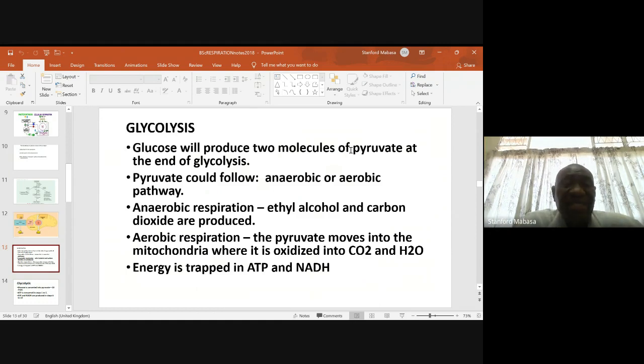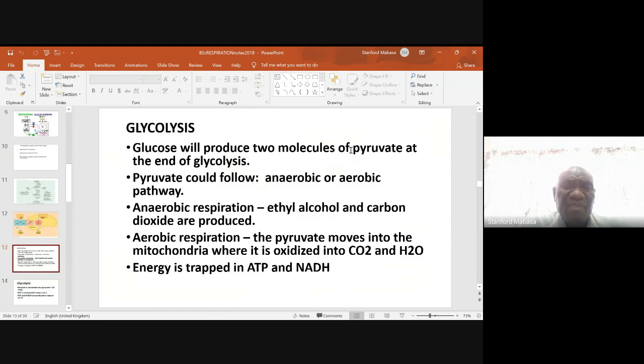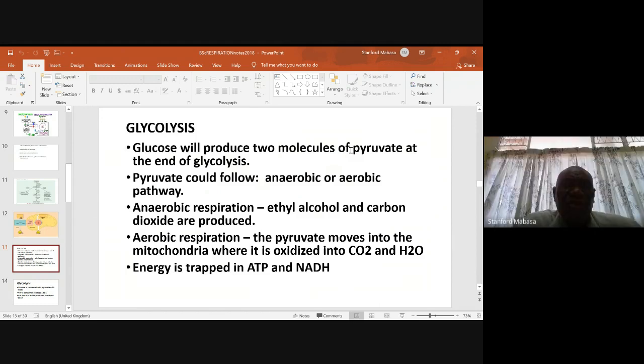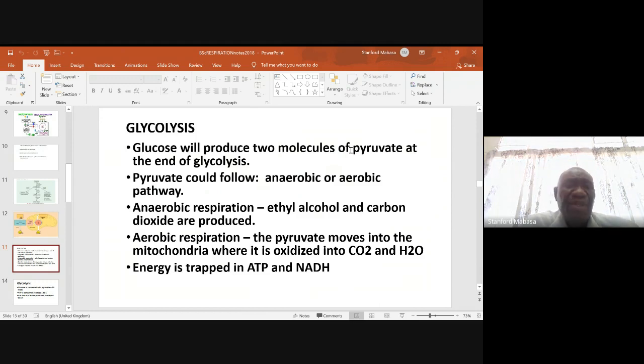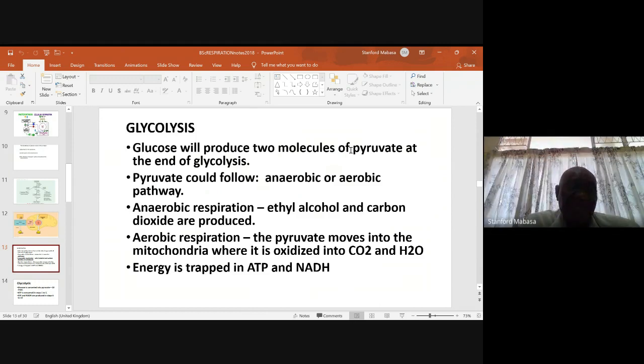So glycolysis is the first stage, where glucose will produce two molecules of pyruvate at the end of glycolysis. Pyruvate could follow an anaerobic or aerobic pathway, like what I've just explained.